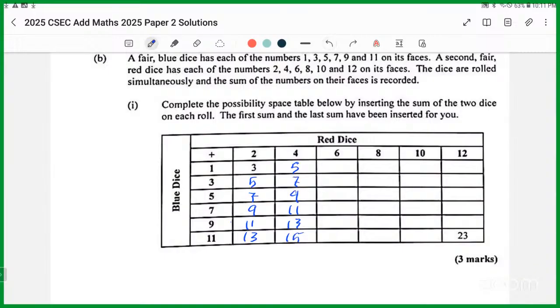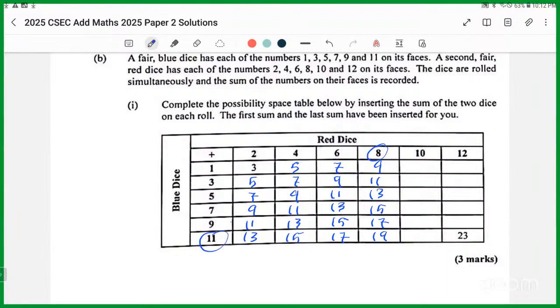And it continues. Next row, plus 6, and this is 7, then the same numbers coming up: 7, 9, 11, 13, 15, 17. Then we have 9, 11, 13, 15, 17, and 19 for plus 8.